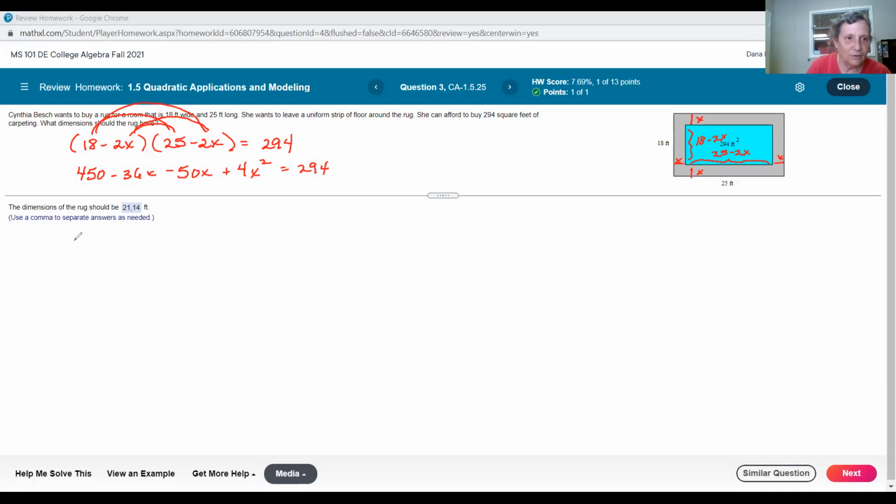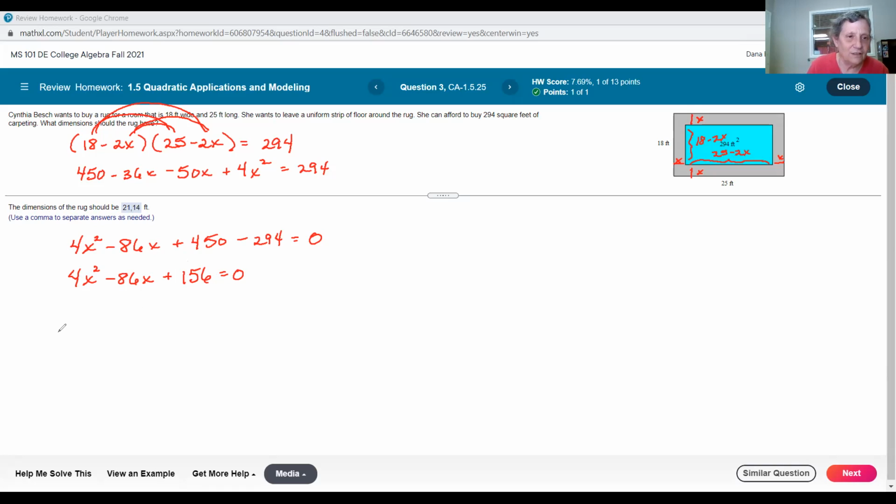Putting these in descending order, I would get 4x squared minus 86x plus 450. And then if I want to subtract 294 from both sides to get a 0 over here, that's going to be minus 294 on this side, and 294 minus 294 is going to leave 0 on this side. So I got 4x squared, minus 86x, plus 156 equals 0.